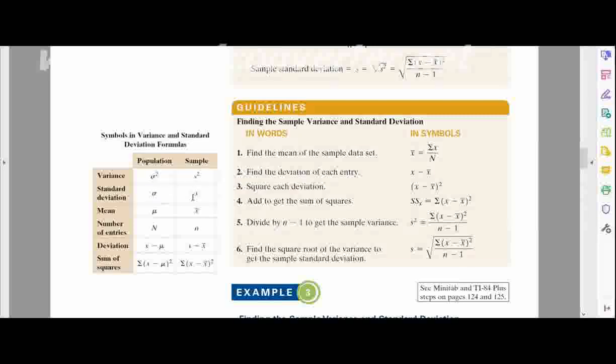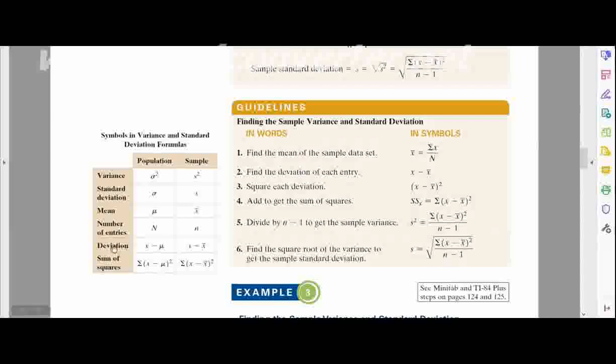For sample, it's the square root of variance, which is S. We talked about the mean of the population before. It's denoted by the Greek letter mu. And for sample mean, we're using X bar. The size of the population, or the number of entries for your population, is denoted by capital N, and for your sample by small n.